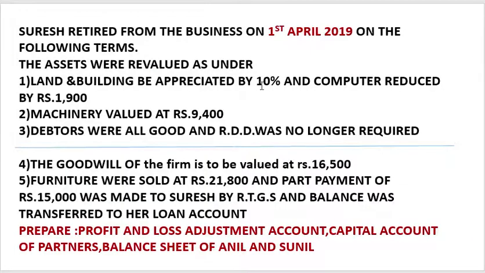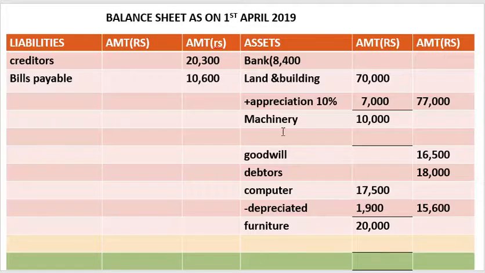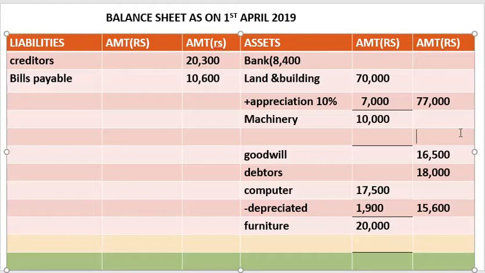Next, machinery valued at rupees 9,400. Machinery valued at rupees, machinery, how much? 9,400.